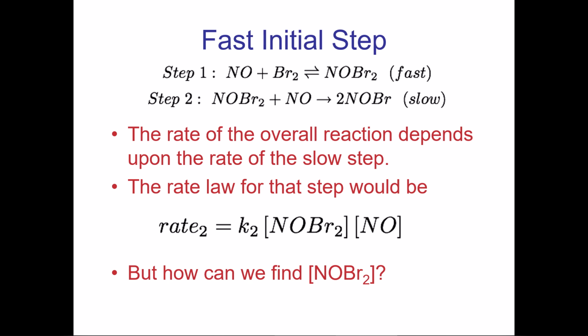Now we have a problem though. We can't base this on the concentration of an intermediate, especially one that is breaking back down into its constituents. So what do we do about this? We can't leave our rate law as k times NOBr2 times NO, because we have no way of measuring our NOBr2 concentration.